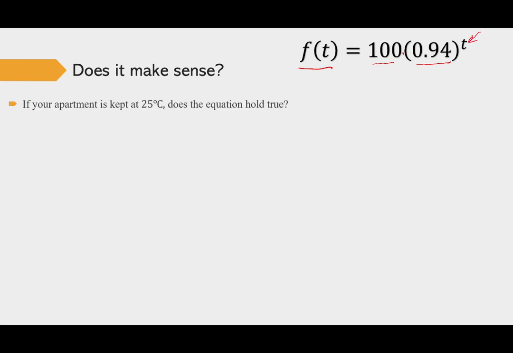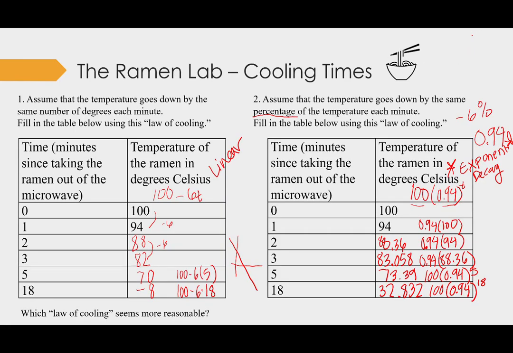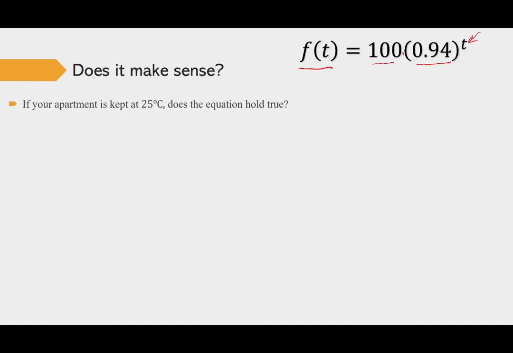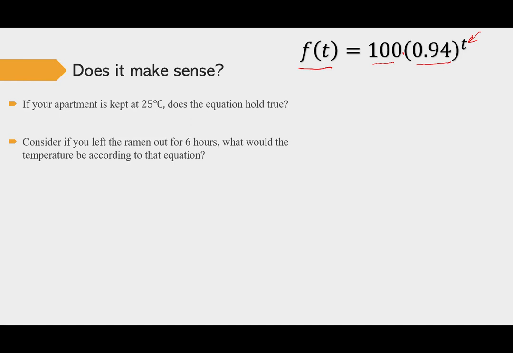Let's say your apartment is at 25 degrees Celsius. If you have the ramen just sitting on the counter, is it going to go below 25? Because remember, we saw on the table, it was already at 32 at 18. So eventually it would go below that. Think about if you left it in your apartment for 6 hours and you just forgot to eat. That happens to college students sometimes, right?